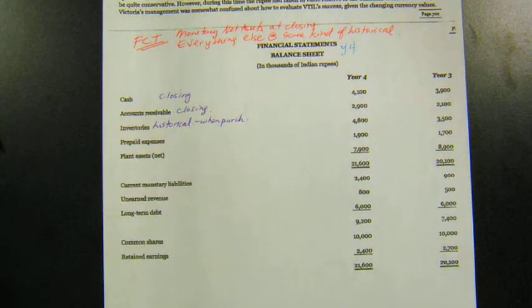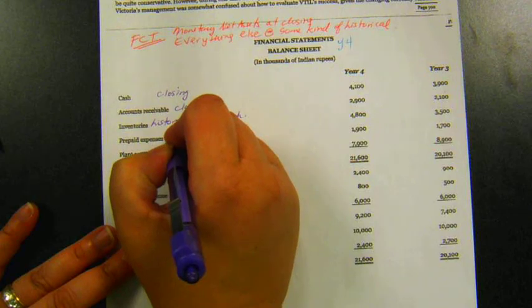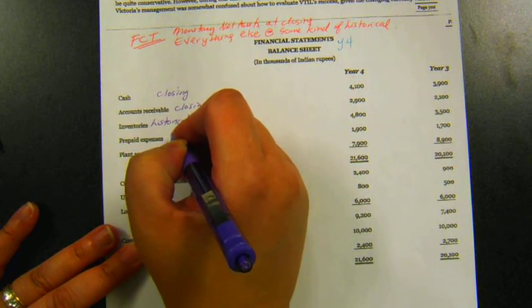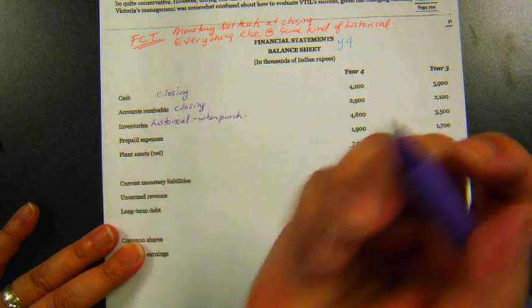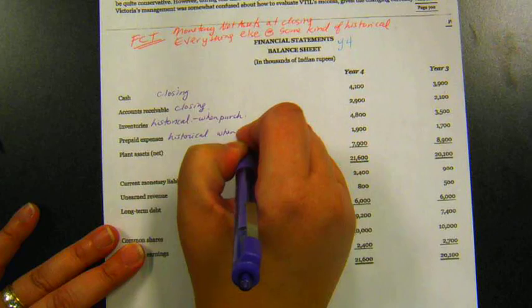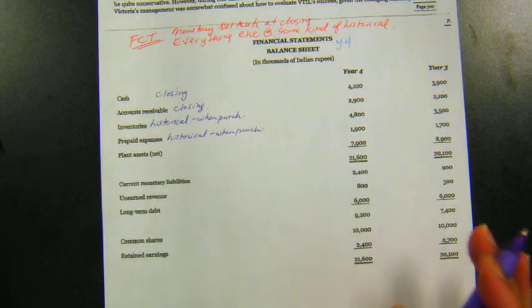Okay. Prepaid expenses, are they monetary? No. You can't force them to give you your money back if you paid rent in advance. So, when purchased. And a lot of times it's just acquisition date.